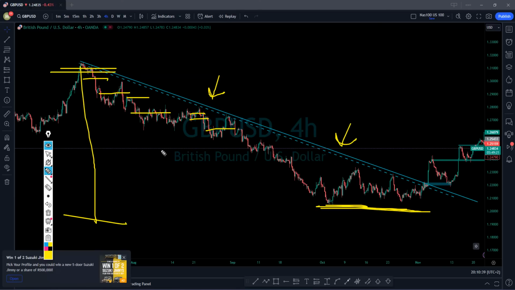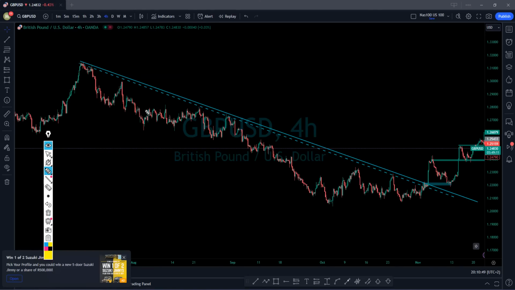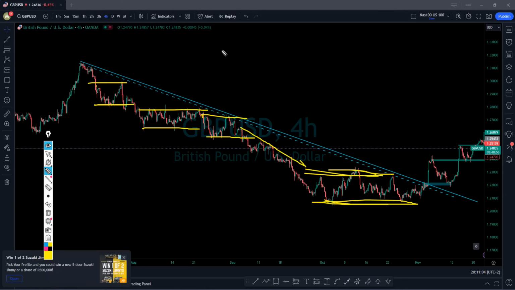So you start to realize that sometimes it's not about the entry level or the entry strategy, because already we know the resistance is not broken. Whatever we're going to do is just for us to have perfect entries, but already we know that the market is going to go down. So our job is just to capitalize on this downtrend.